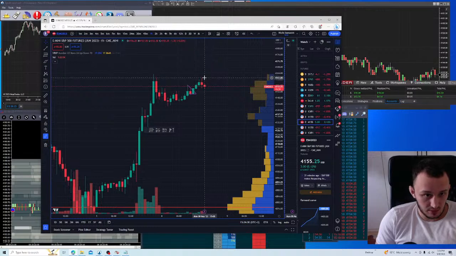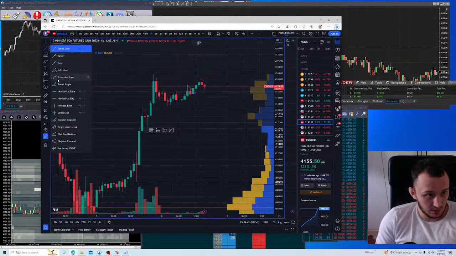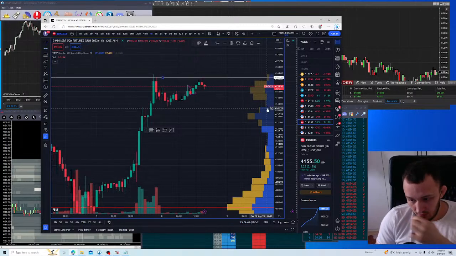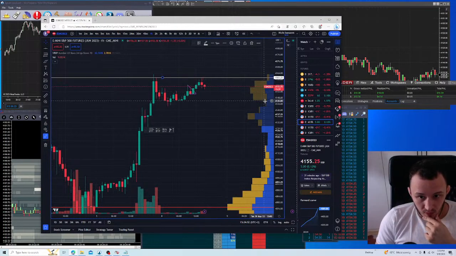We did already test it, so 61, not trend line. 61 could be kind of important here. We also have a very high low node here.